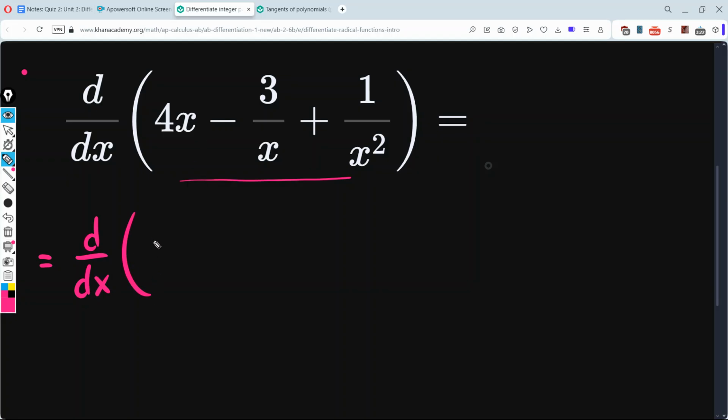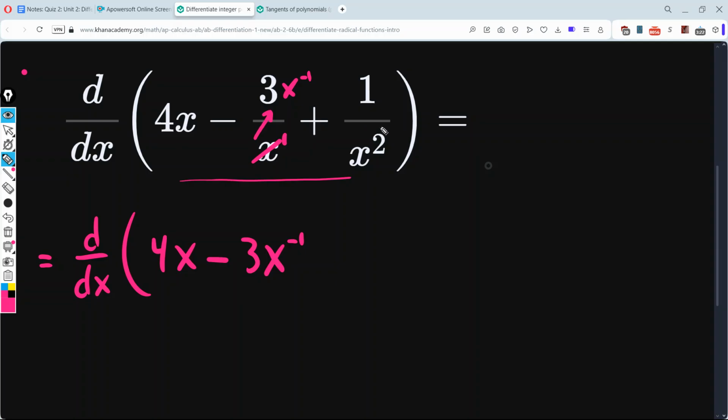And we have 4x. And minus 3 over x is equivalent to minus 3. This is x to the first power. If you move this up into the numerator, instead of x to the positive 1, it becomes x to the power of negative 1. So this is going to be 3x to the negative 1.